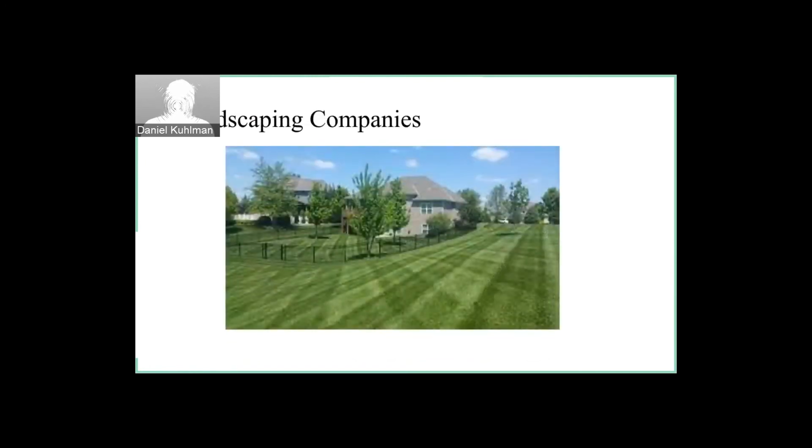The final market is the landscaping company market. So landscapers enjoy the benefit of a monopolistic competitive market because they can specialize their services and serve a specific clientele base. Landscapers have this option because the consumer base is so varied. In a normal city, there are thousands of yards that must be maintained. But additionally, there are consumers that want a lot of different projects.